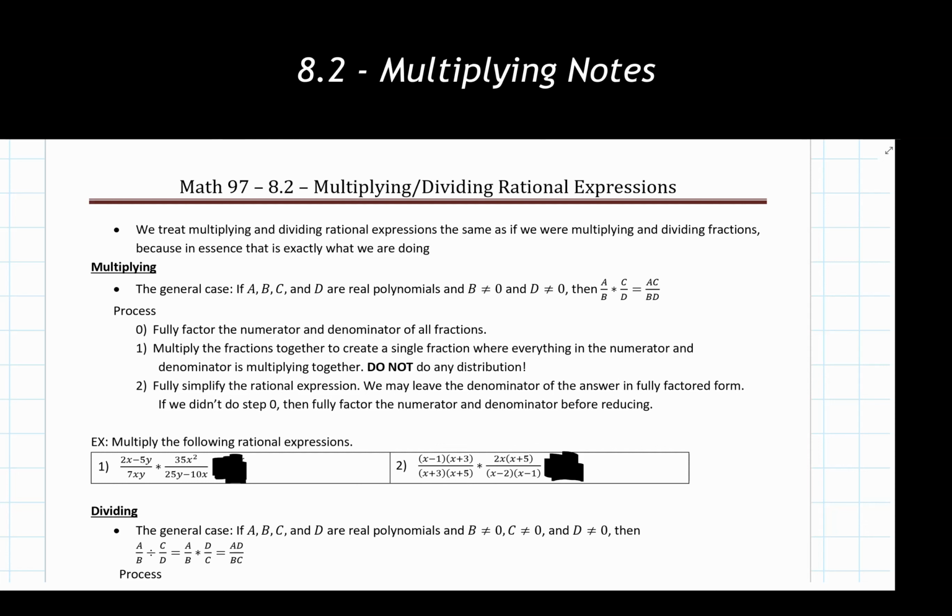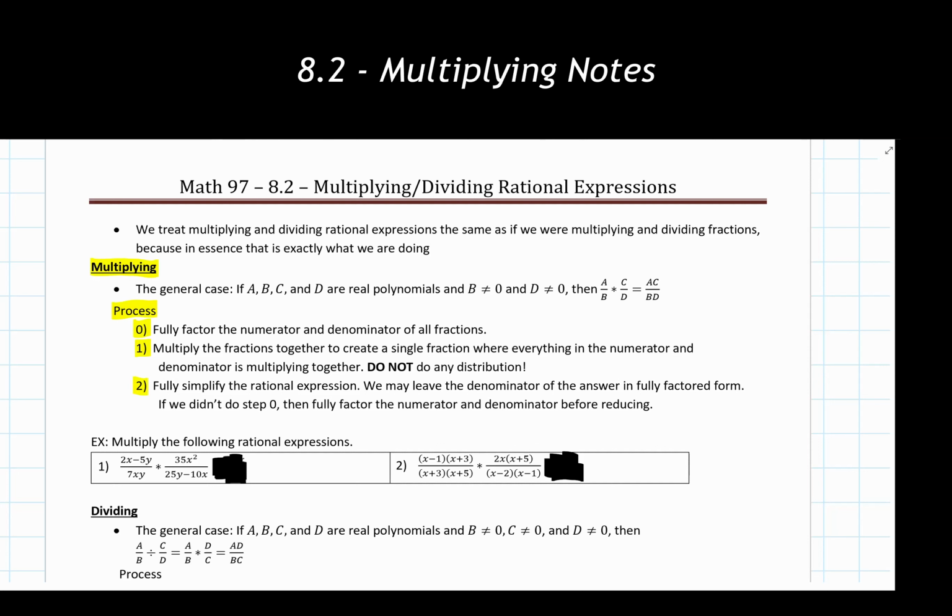Now for our process with multiplying, I'd recommend writing these out for ourselves here. So these are our three main steps. Our step 0, which is listed as a step 0 because it is technically optional, but I would highly recommend, is that we start with fully factoring the numerator and the denominator of all fractions.